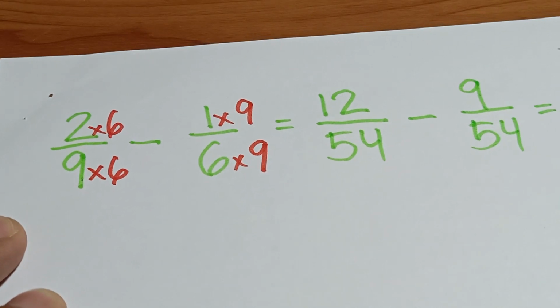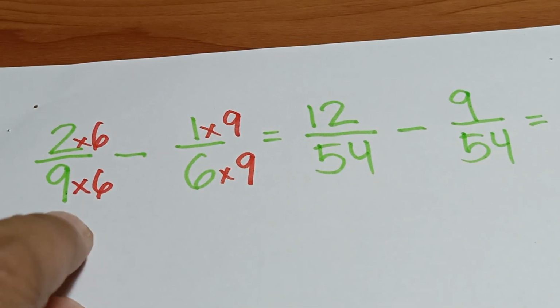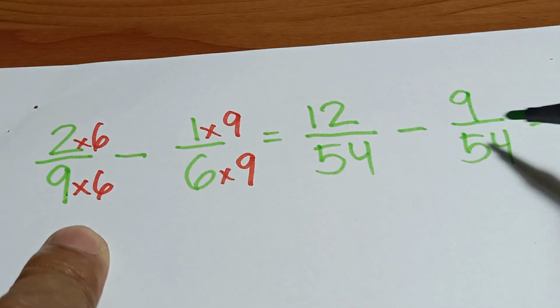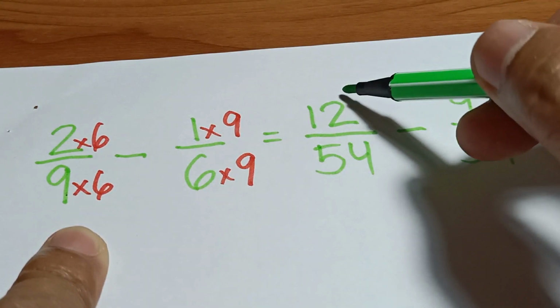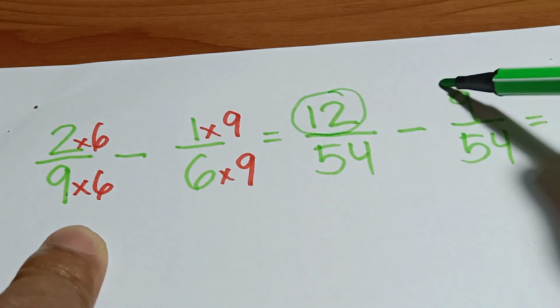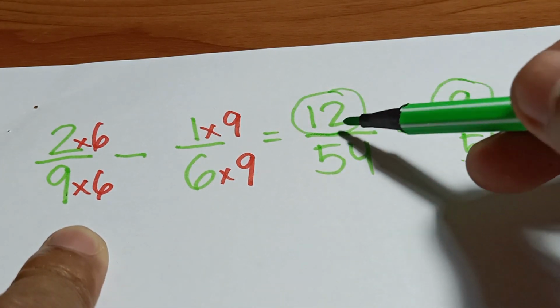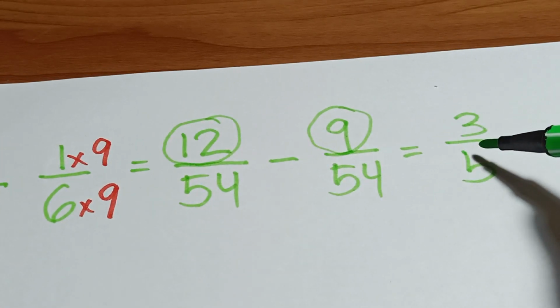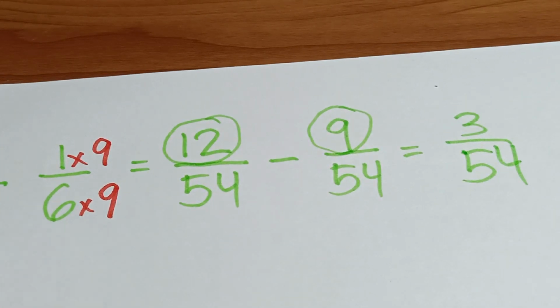In our previous video, since the denominator is already the same, we just subtract the numerators. So what is 12 minus 9? That is 3 over 54.